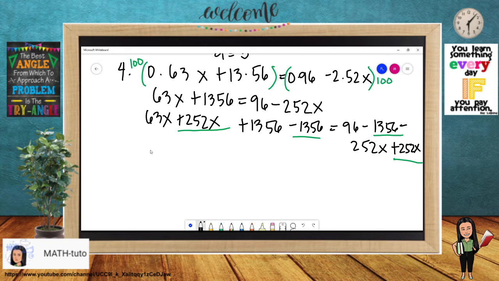Okay, so this will now become 63x plus 252x na lang, and then sa other side magiging 96 minus 1,356.